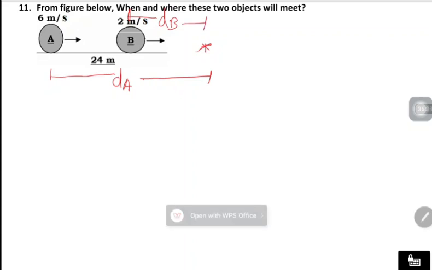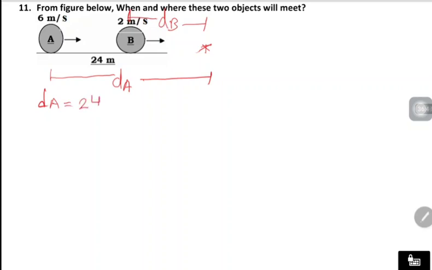Then the condition of meeting must be dA equals 24 plus dB. The distance of A can be calculated from velocity times t, equal to 24 plus velocity B times t.